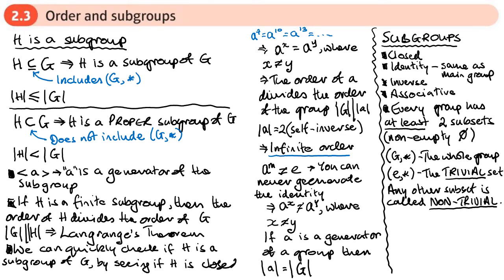That's all we need to do. We don't need to check for anything else because it's going to have the identity in it, and these other rules will follow as well, inverse and associativity. So just by checking that a subset of a group is closed, it will quickly tell us that what we have is a subgroup.